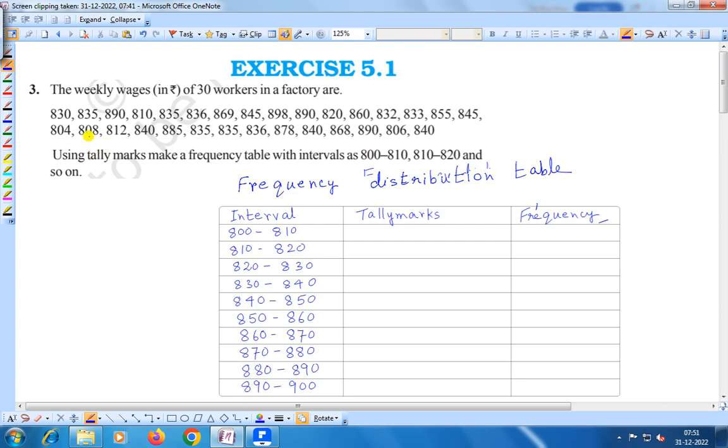Here you see 808, 804, 804, 804 and 806, right? The frequency of 800 to 810 is 3.